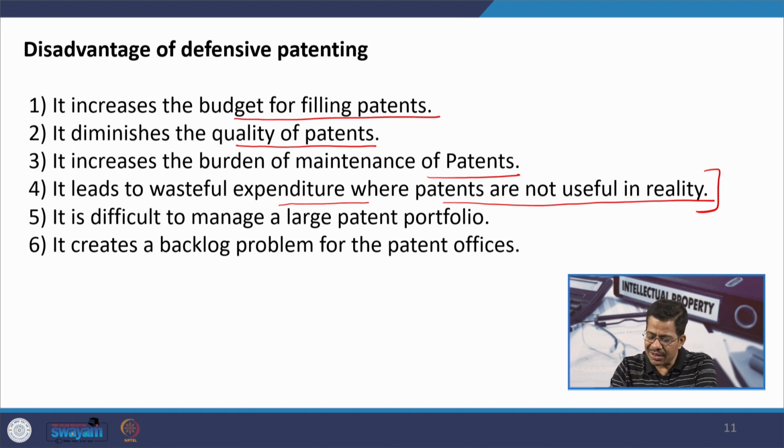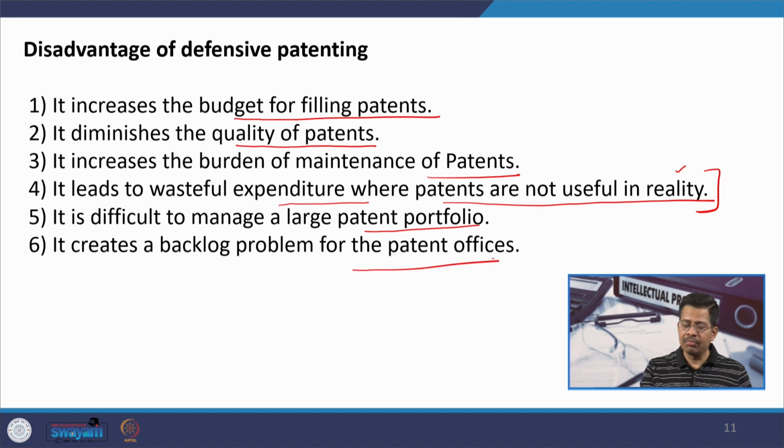So, how this industrial application is explained in my patent application, then only is the patent going to be used in reality. But because of this race of creating a bigger portfolio, we are losing sight of the application or usefulness in reality. Then obviously, when the portfolio becomes bigger, its management is also a challenging thing.